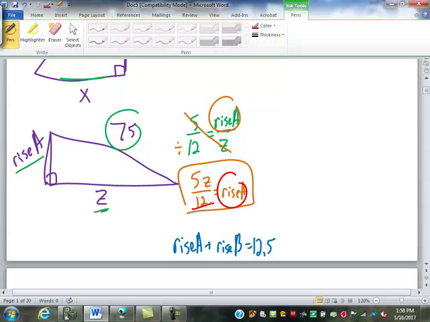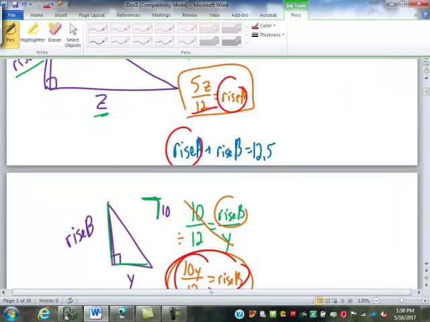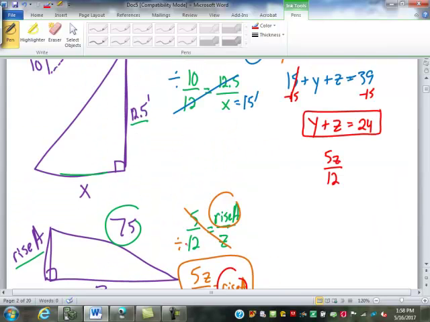But rise A equals this, so that's 5z over 12. And rise B equals this, so that's 10y over 12. They have to add together to get 12.5.